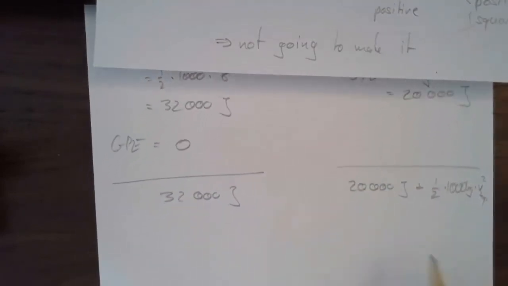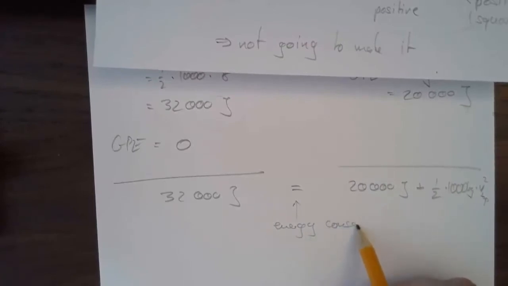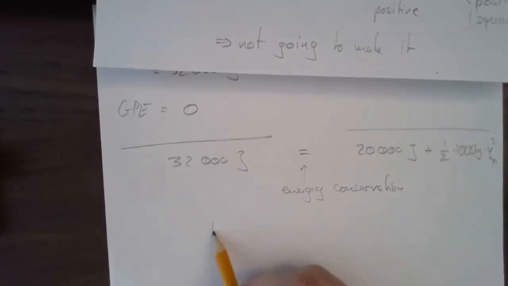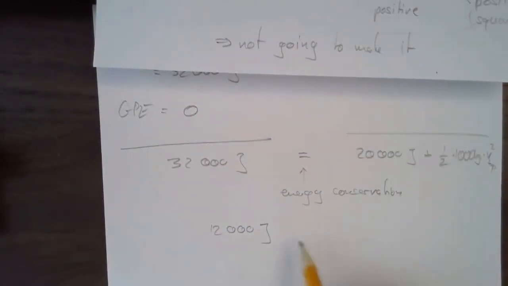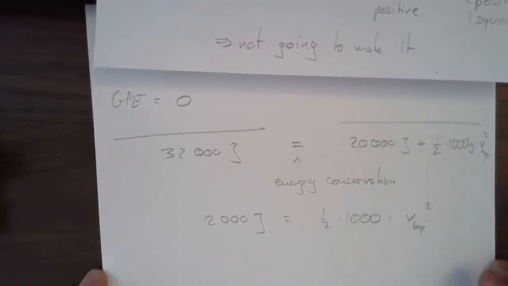Okay, let's work this out. Those two are equal. That's energy conservation. The totals are equal. We can simplify this. 12,000 joules, 32 minus 20, is equal to 1/2 times 1,000 times v at the top squared.